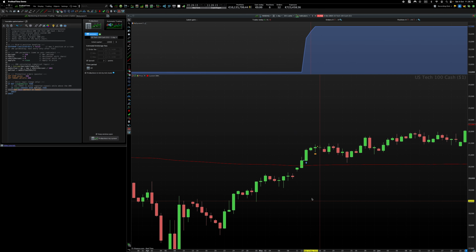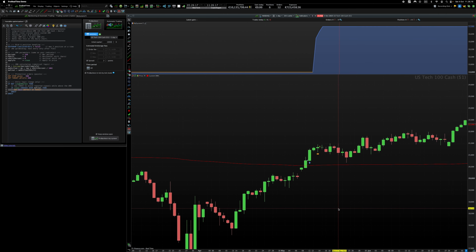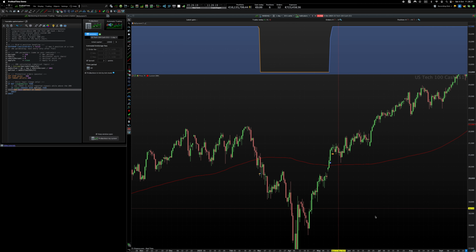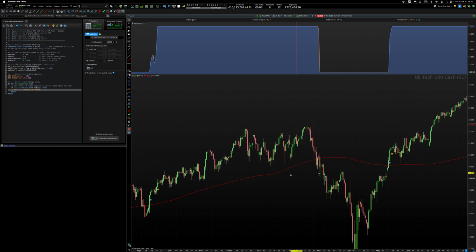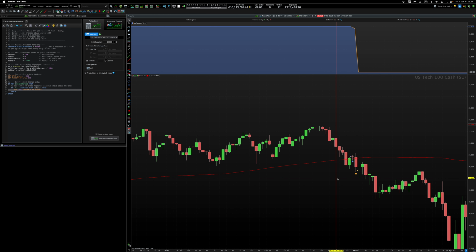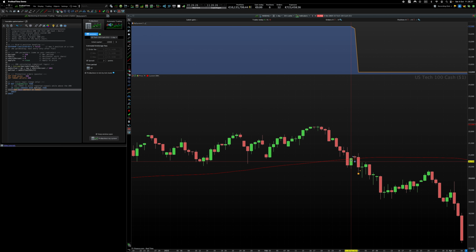Of course, we're gonna adjust this further down the line, but I just want to check the tape to see if we are actually right. Again, came under, closed above, and took a trade as soon as the new candle opened. The next 24-hour opens here, so it seems to look right. We have a stop here of 600.